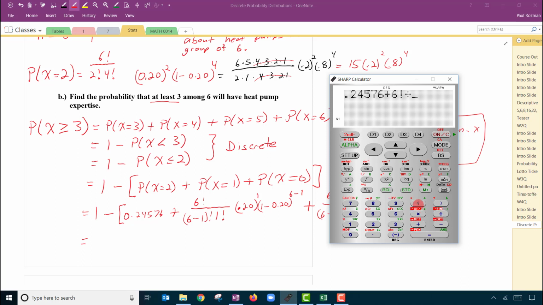And then we divide that by 5 factorial. And 1 factorial. Uh-oh, I'm already in trouble. I didn't hit factorial, I hit percent. Can I go back up and edit that thing? Looks like it.